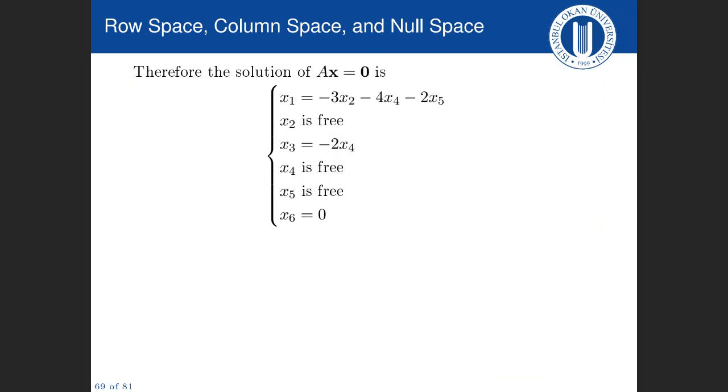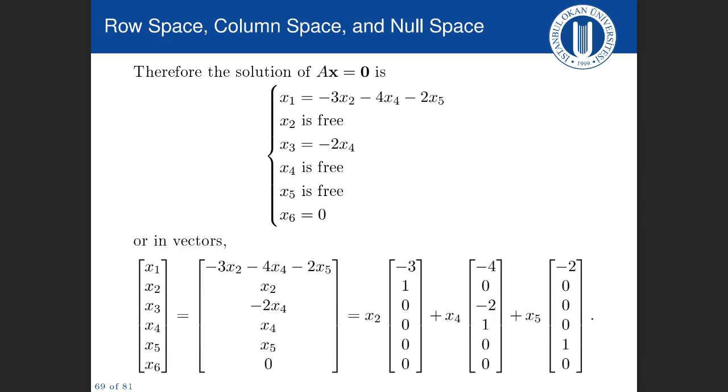We can write down its solution, but I don't want it like this. I want it in terms of vectors. I can write this as x2 multiplied by a vector plus x4 multiplied by a vector plus x5 multiplied by a vector. And it's these three vectors that we want. These three vectors are linearly independent.